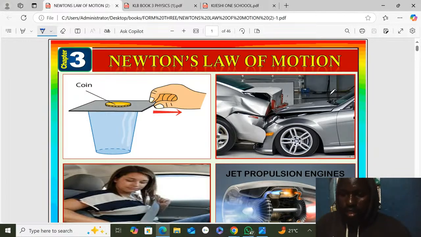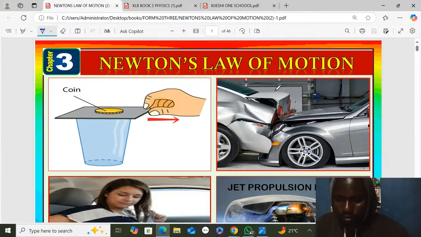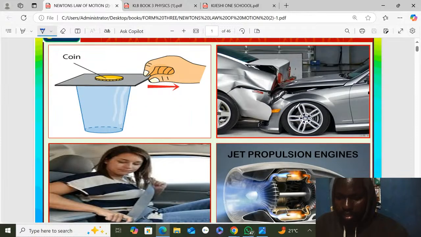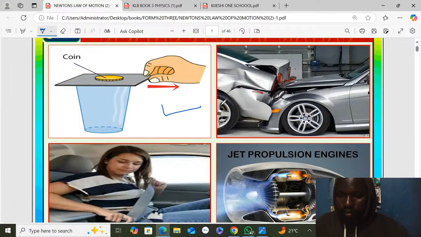Here is the outlook, the first appearance of the chapter. Therefore, you can see it is being summarized here. We have the first diagram, the second one, the third one, the fourth one.